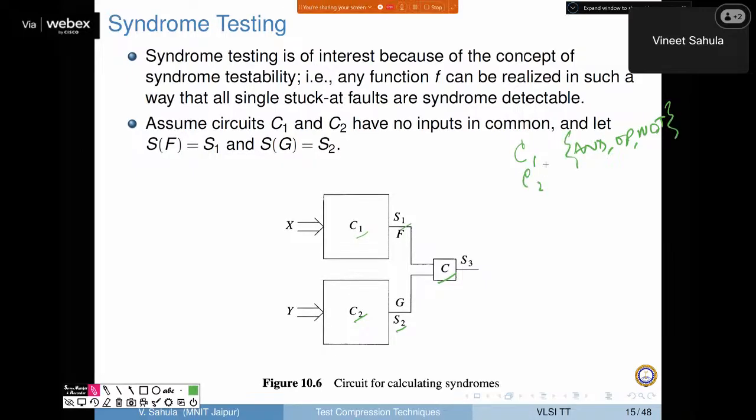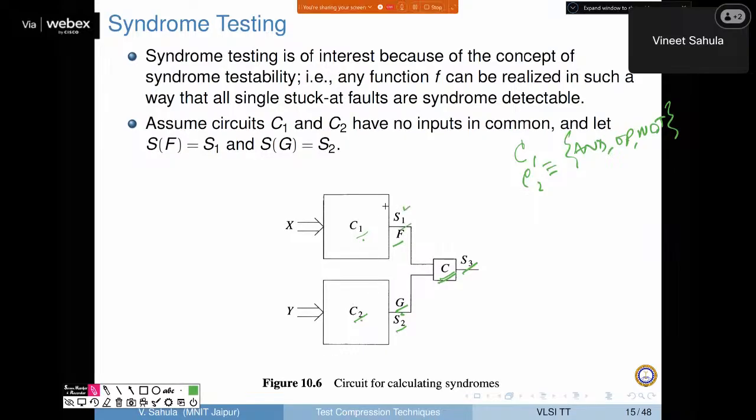So C1, C2 could be chosen from any one of these gates for which syndrome S1 is known. Now to compute the syndrome S3 for C, what do you need? You need to find out when C is 1, right? There is a function f for C1, there is a function g for C2.